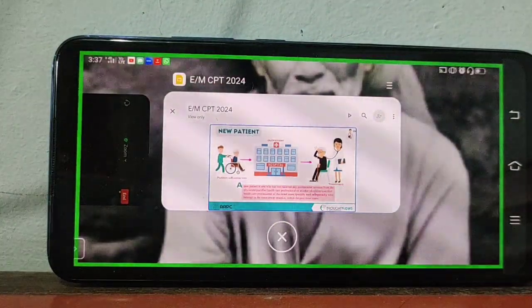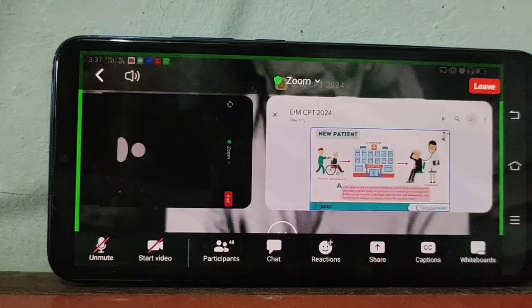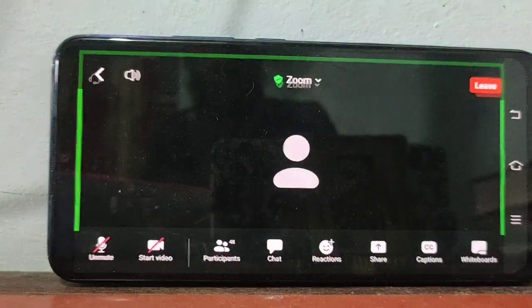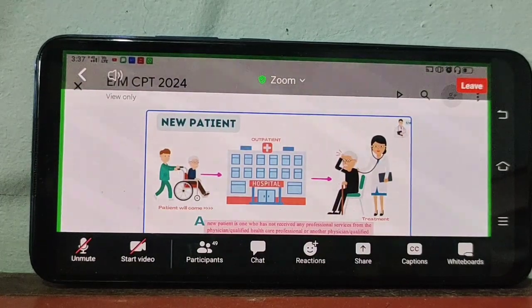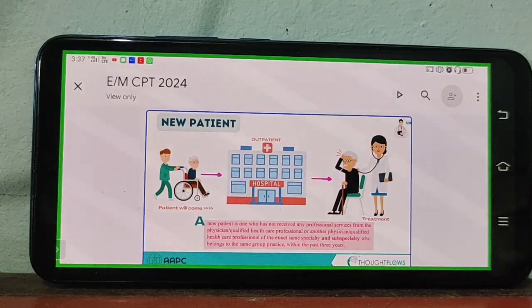I did not meet him again. Only on the 4th year. And the meaning of new patient, established patient, now? Yes, ma'am. Did you understand? So this is a way you have to identify the new patient and the established patient.